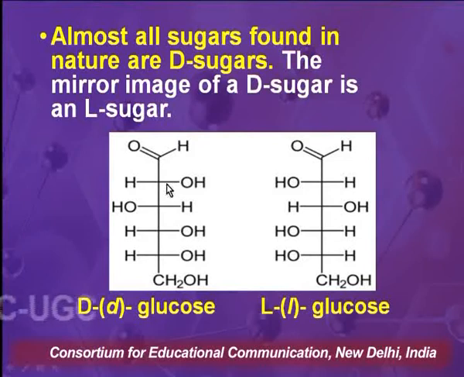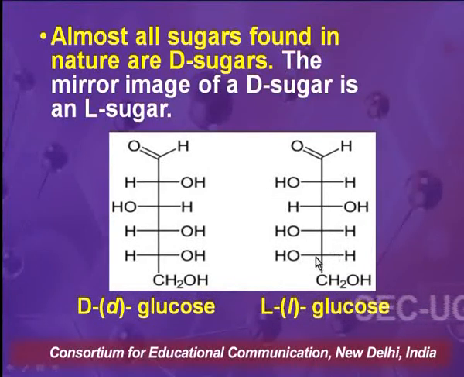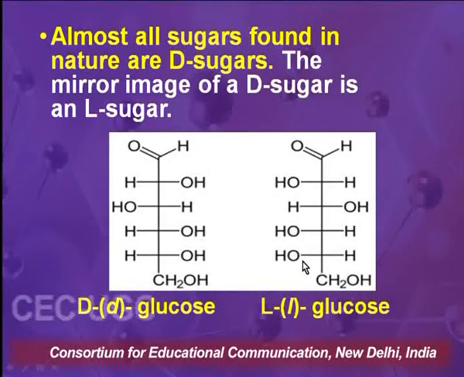So what you have to remember is that these secondary hydroxyl groups will be alternating: right, left, and then right. So what you have to remember is right, left, right, right for D-glucose. And of course, since we are having configuration capital D, the OH will be on the right hand side. And similarly, when we are writing the structure for L, this OH will come on the left hand side on the highest numbered asymmetric carbon.